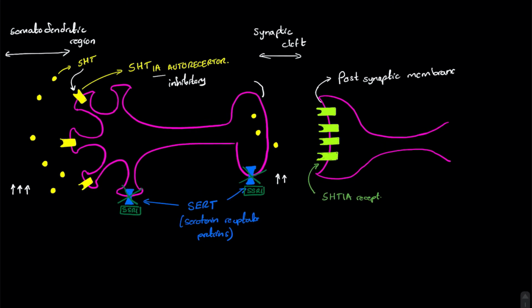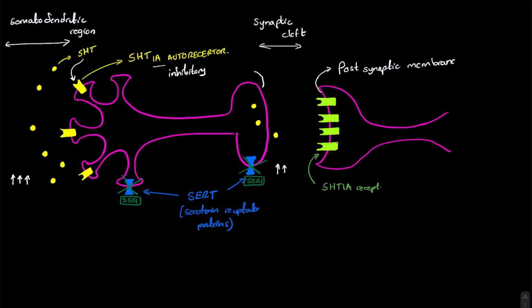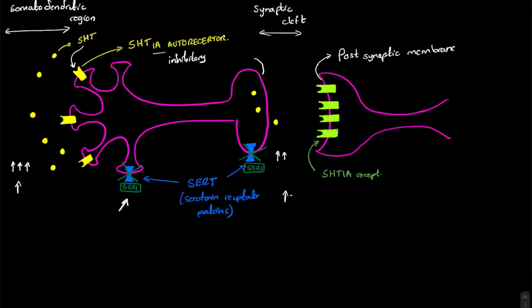Now I want you to hold this thought in mind, that blocking the SERT protein by the SSRI would lead to an increase in serotonin in the somatodendritic region, and also somewhat of an increased serotonin in the synaptic cleft.